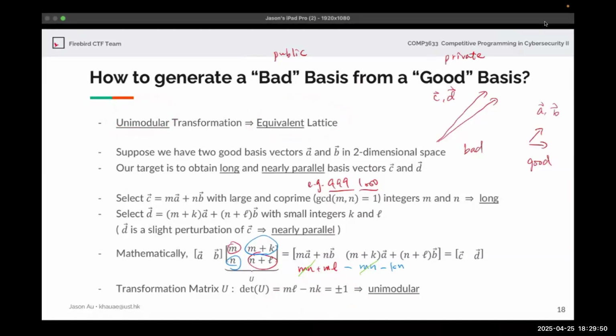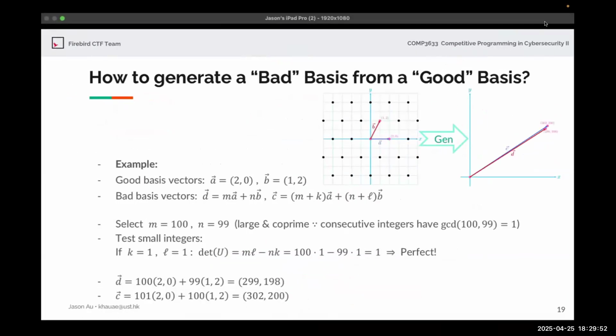A very simple example is how the example in my previous slides was generated. We have two basis vectors, 2, 0 and 1, 2, and I do a swap here because it would be easier for us to do the examples later. We define vector D to be MA plus NB and C to be a very slight movement from D. Then we select M and N to be 199, which are very large, and they're co-prime because they are consecutive integers.